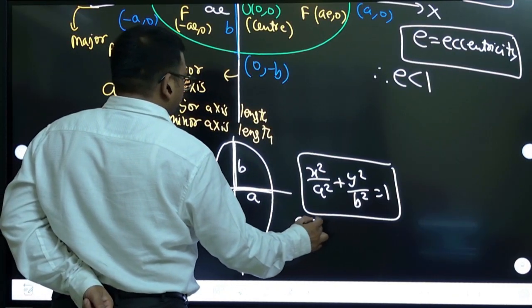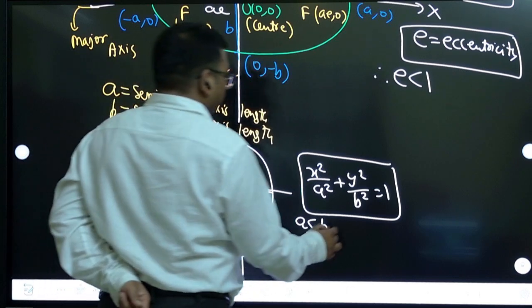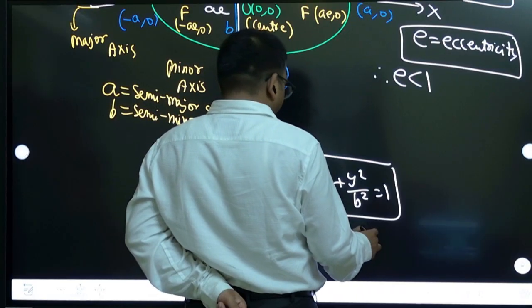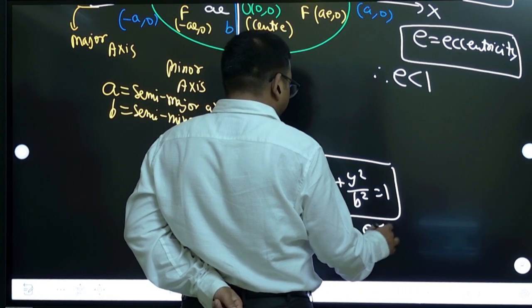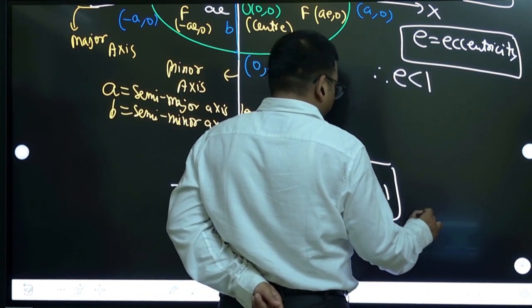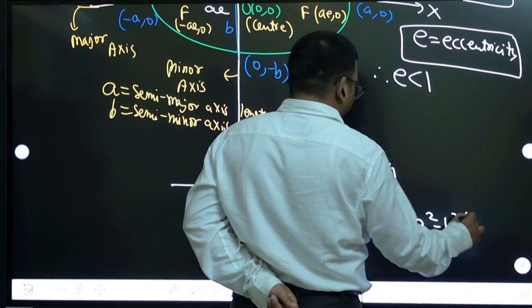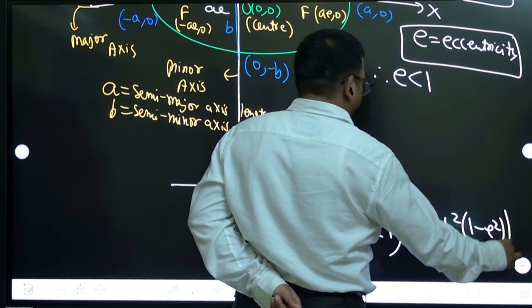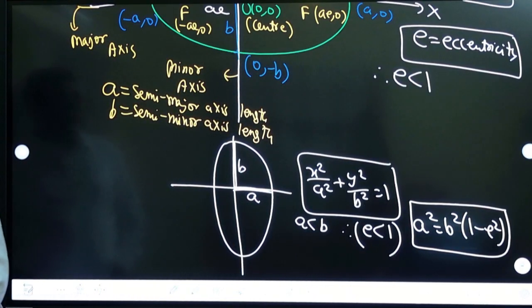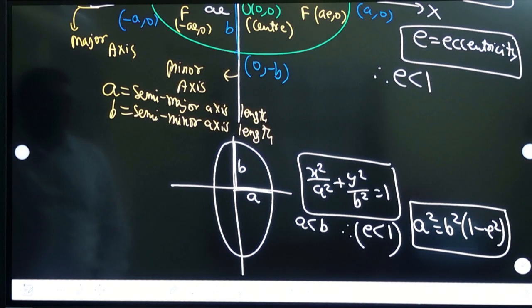This is the case where a is smaller than b. So how do we define the eccentricity? The eccentricity is always less than 1, but a and b will interchange. So a square is equal to b square into 1 minus e square we will write. A and b we will interchange in that form. Eccentricity will always be less than 1.